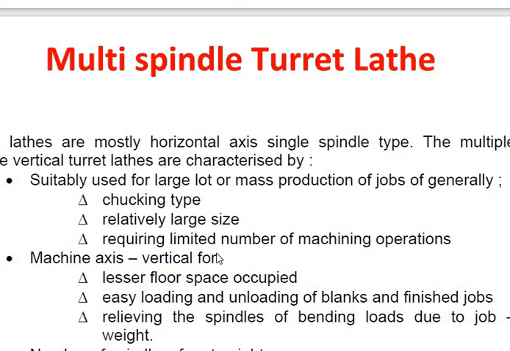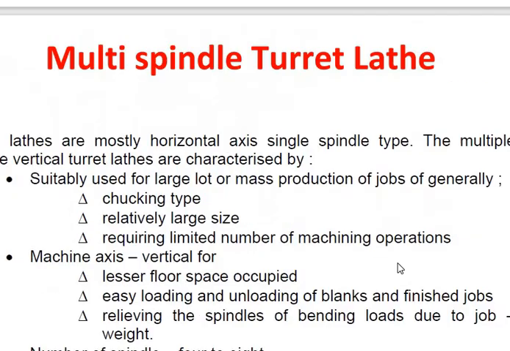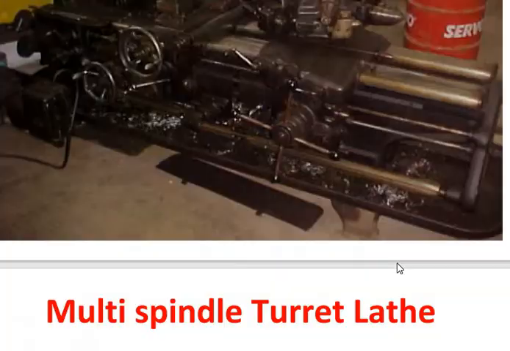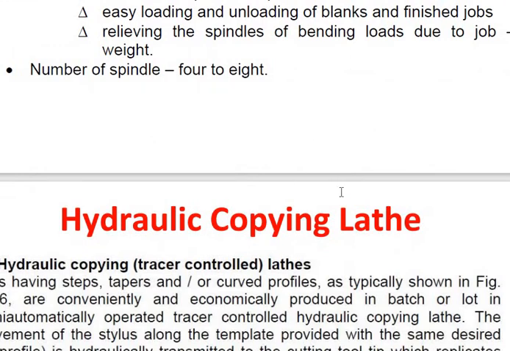The machine axis is vertical, for lesser floor space occupied, easy loading and unloading of blanks and finished jobs, and relieving the spindles of bending loads due to job weight. How many spindles are there in a multi spindle? 4 to 8 spindles are available.